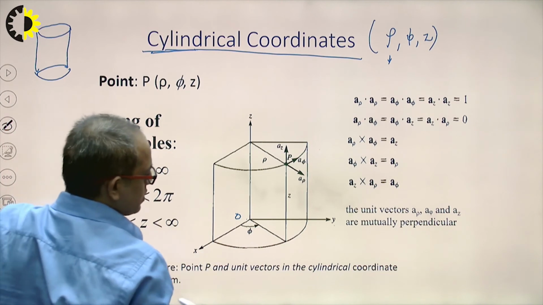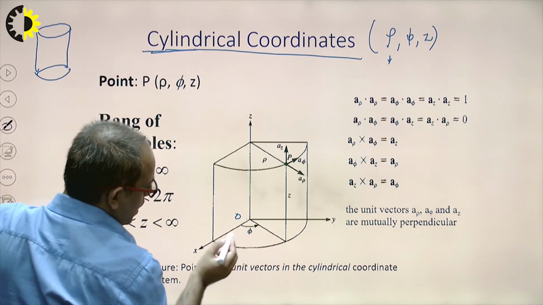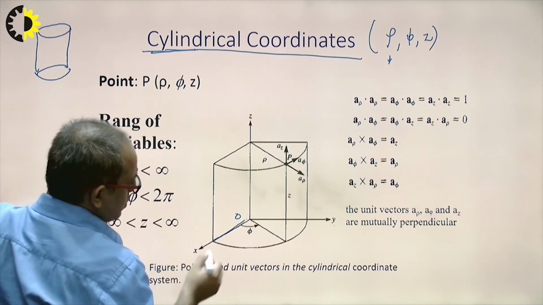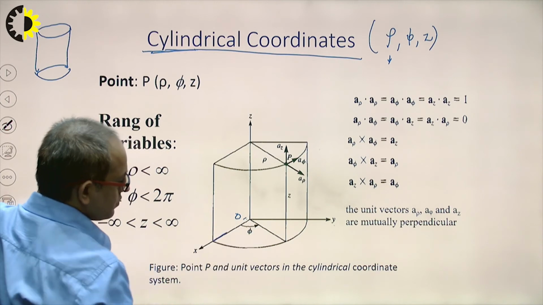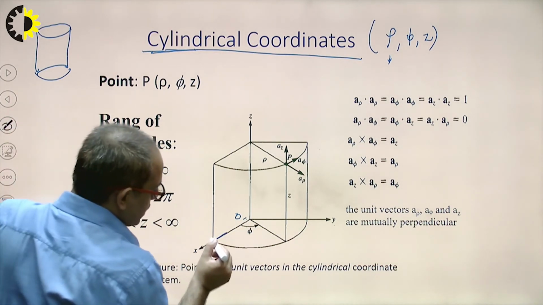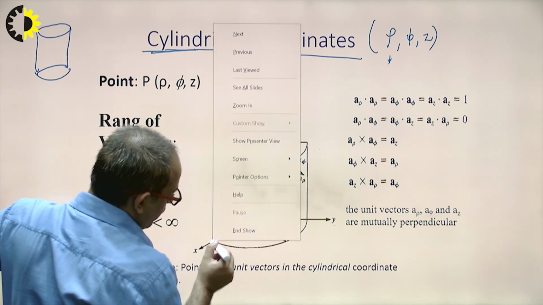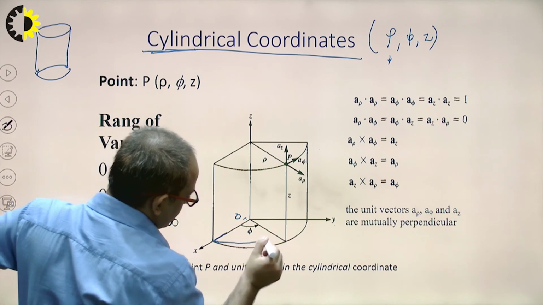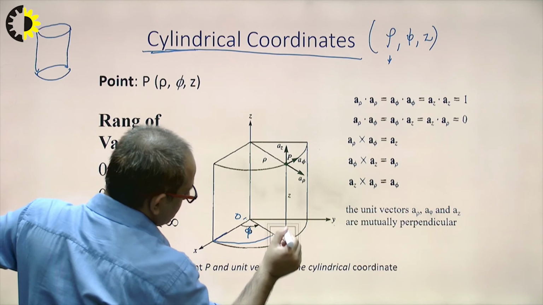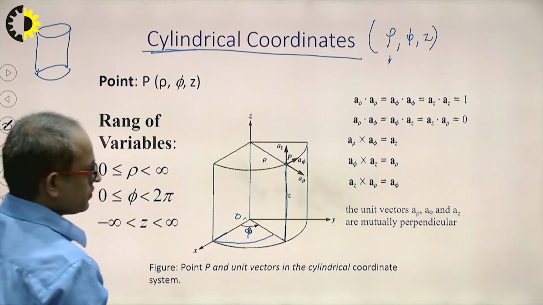One method to reach this point is that I will first move in this direction, and then I will move with the angle phi. Then I will reach this point.